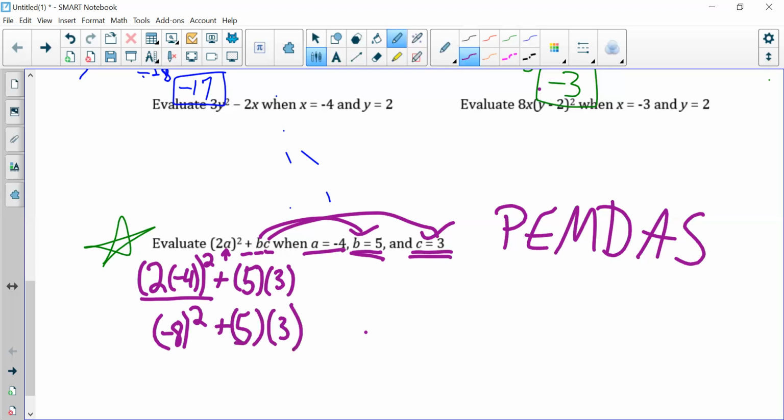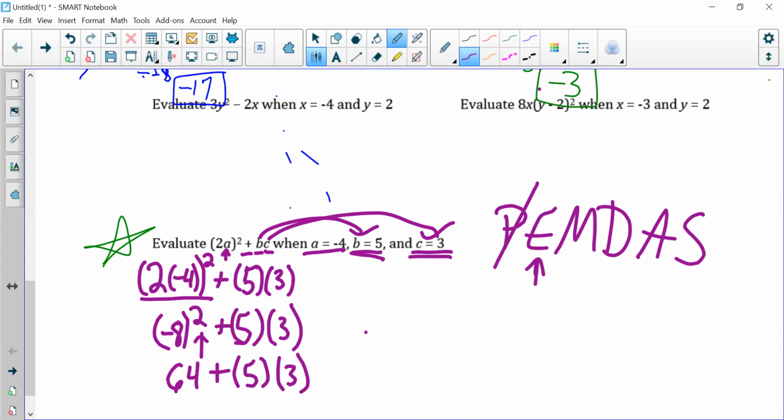That's the P. Next step, exponents. Starting at the left, exponents right here. Because my negative 8 is in parentheses, it says negative 8 squared, which means negative 8 times negative 8 gives us a positive 64. So 64 plus 5 times 3.